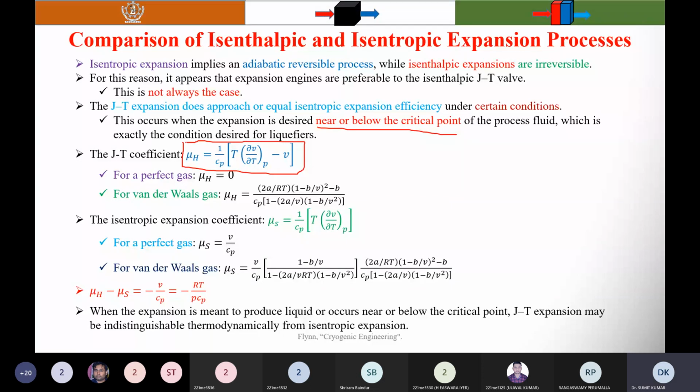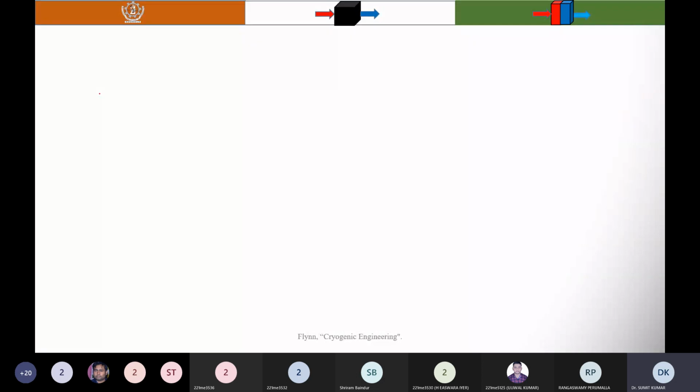So for that I have considered H as a function of T and P. Then differentiating, you will get dH equal to the partial derivative of H with respect to P at constant temperature T times dP, plus the partial derivative of H with respect to T at constant pressure P times dT.